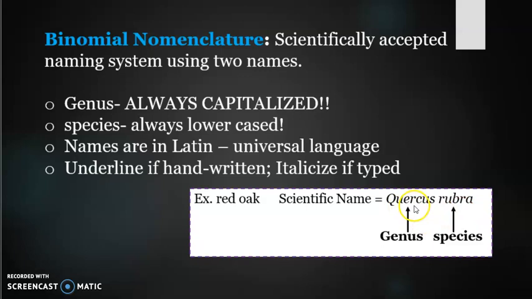Quercus is its genus name, and it starts with a capital Q. And then the species part is all lowercase. These are Latin names because that's the universal language of scientists. If you are writing them by hand, you would need to draw an underline under this whole thing. If you are typing, then you put it in italics like you see here.